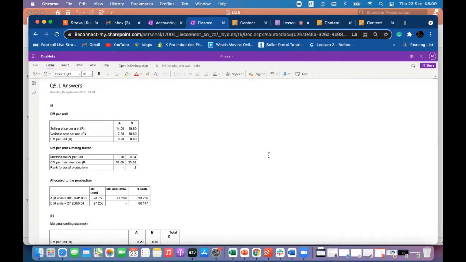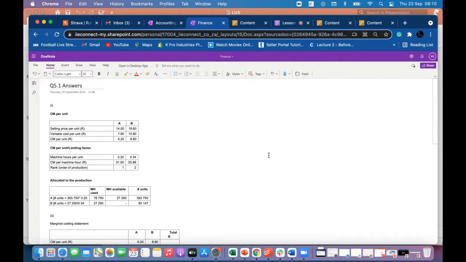It goes on to then say there is no restriction on the number of direct labor hours that can be worked. So we know direct labor hours is not an issue. We only have a limitation with machine hours. Okay, so far.